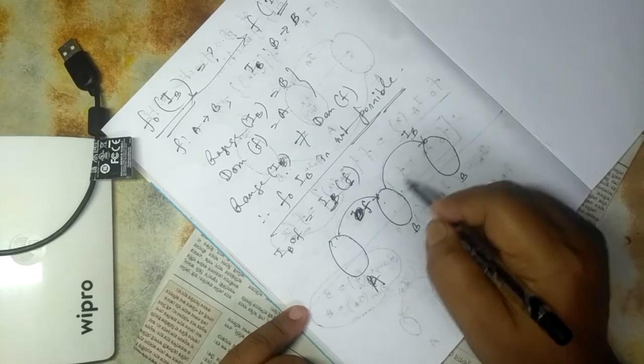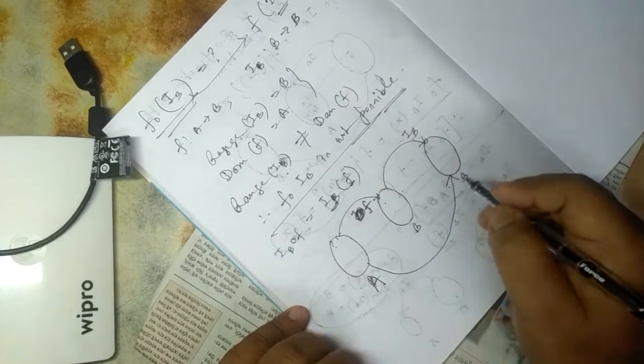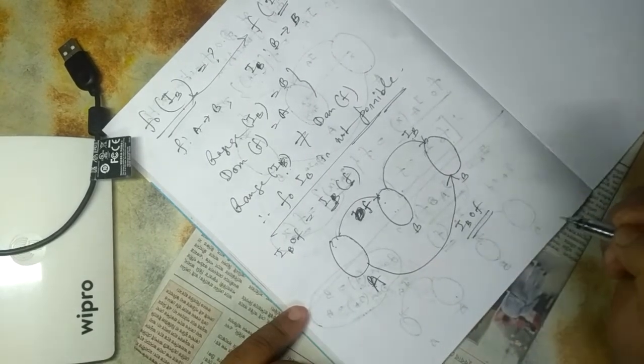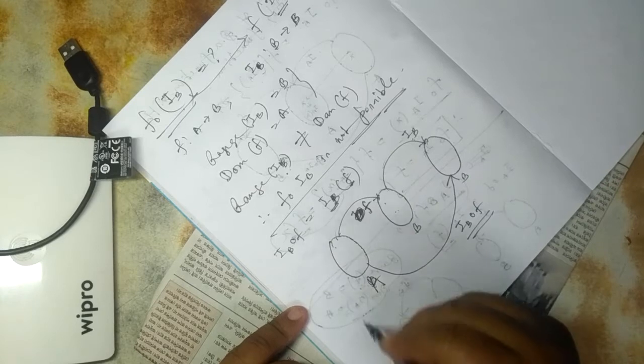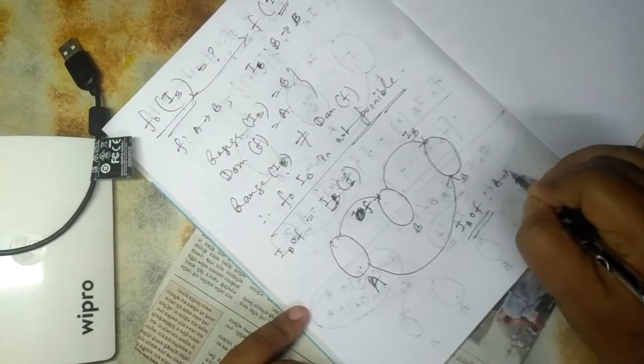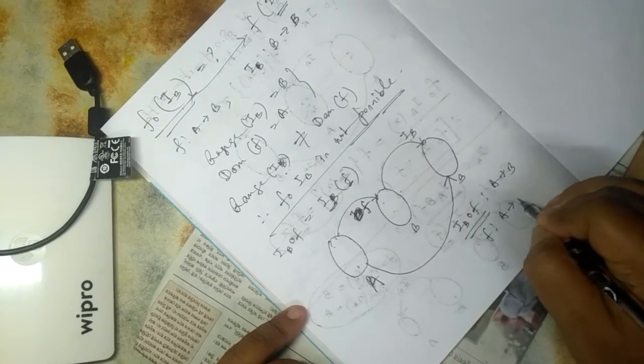So it is possible. IB of F is a function from A to B, and F is also a function from A to B.